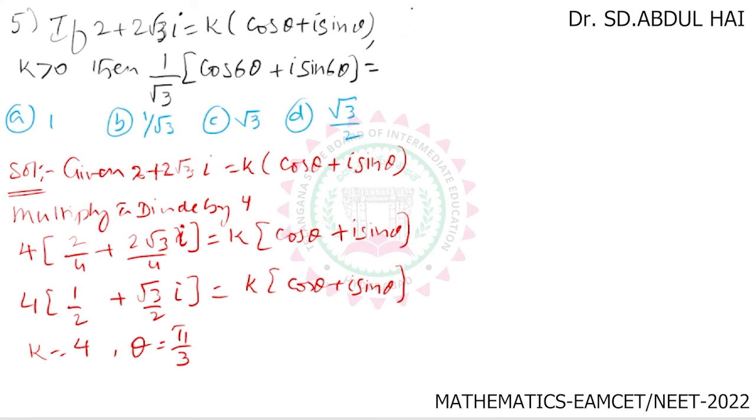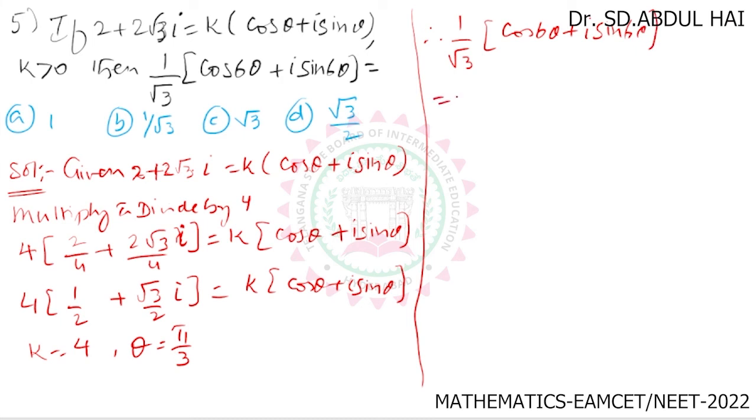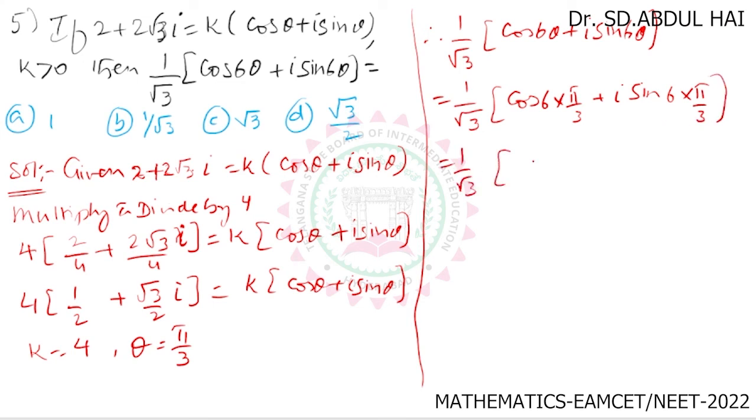I want the value of 1 by root 3 into cos 6 theta plus i sin 6 theta. 1 by root 3 remains as it is, cos 6 into theta, that is pi by 3, plus i sin 6 into pi by 3. 6 into pi by 3 is 2 pi, so it is cos 2 pi plus i sin 2 pi.